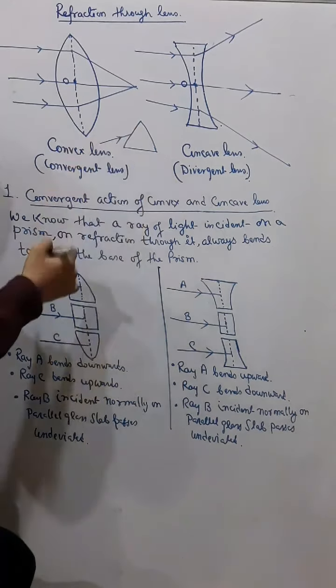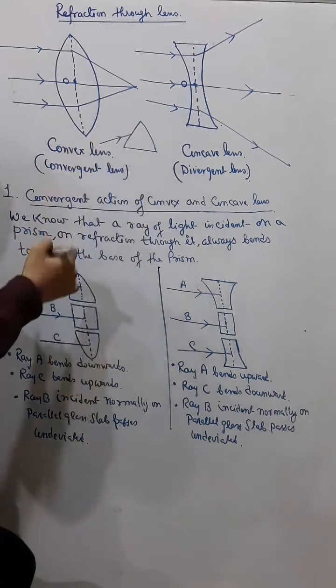So this ray of light, instead of going in this path, it is bending in this path, and that means it is bending towards the base. So if the prism goes like this, and the ray of light falls like this, then it will bend towards the base of the prism.